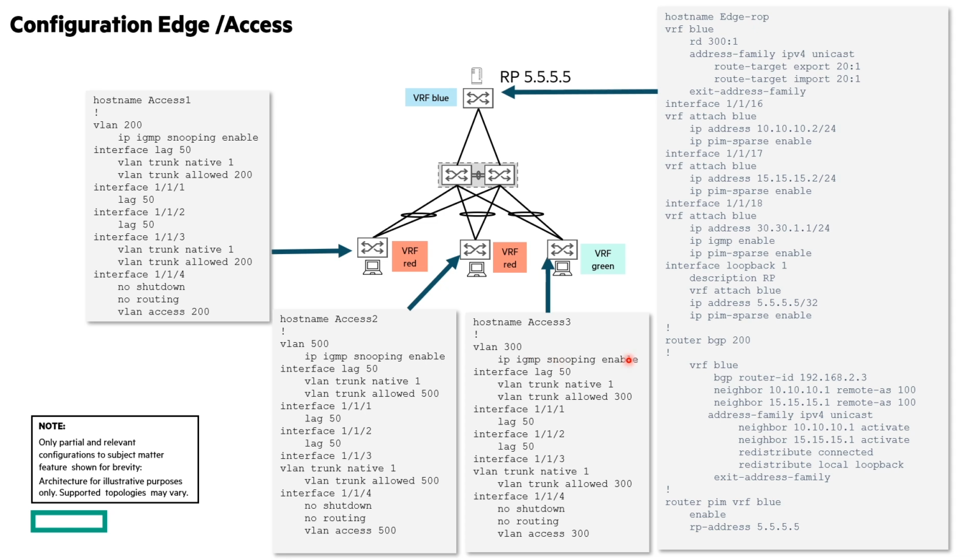It's got IGMP snooping. We've got a couple of LAGs which are defined for the uplinks, and then we've got the access ports, one of which is a trunk and one of which is just an untagged port in VLAN 300, so nothing complex about that.